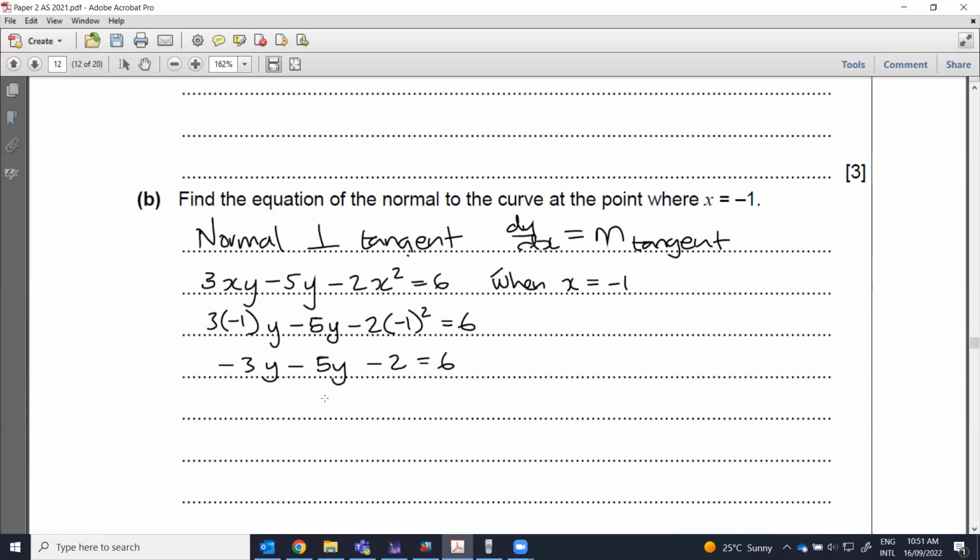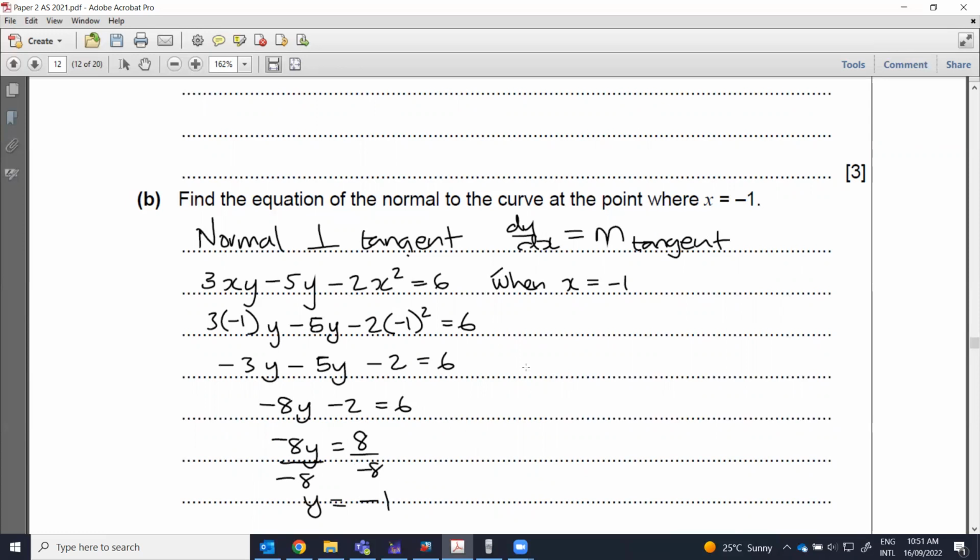Minus 3y minus 5y is minus 8y, minus 2 is 6. This minus 2 can go to the other side, we get 8, then we divide by minus 8, which means that y is equal to -1.